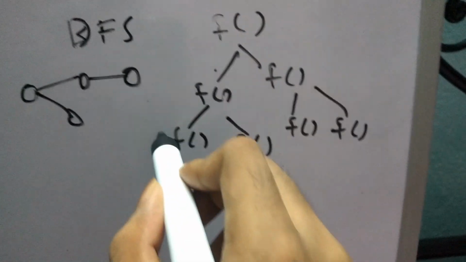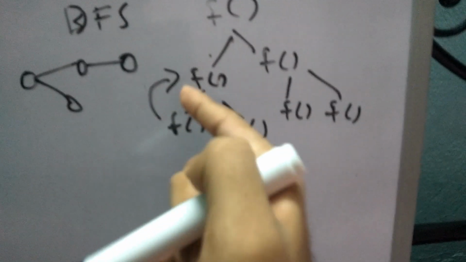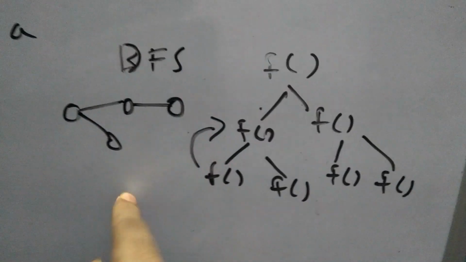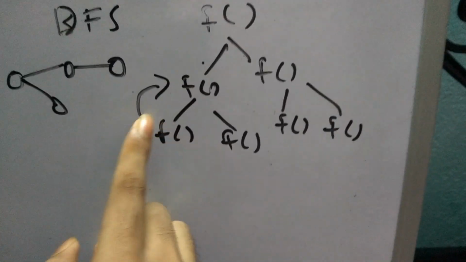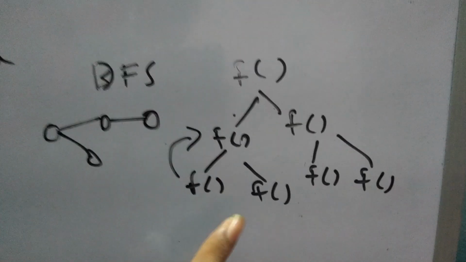From here it has to return some value to this function, right? So how does our program know that this function has to return the value to that function? Here a call stack is used. It keeps track of every function call and its previous function call. So this is also a very useful use case of stack.